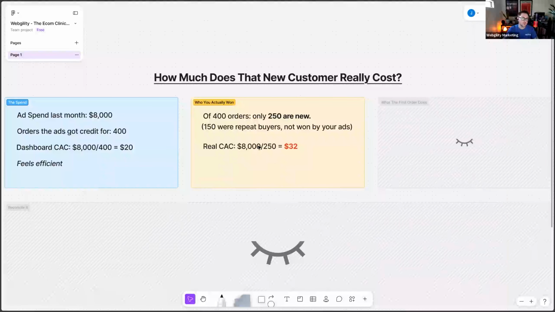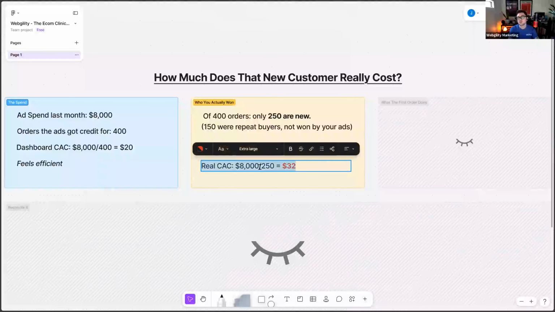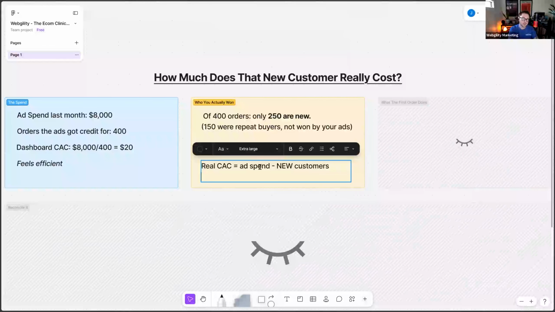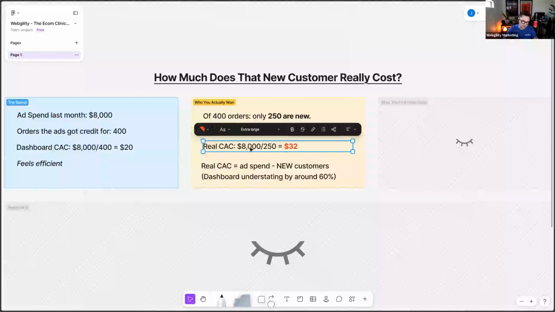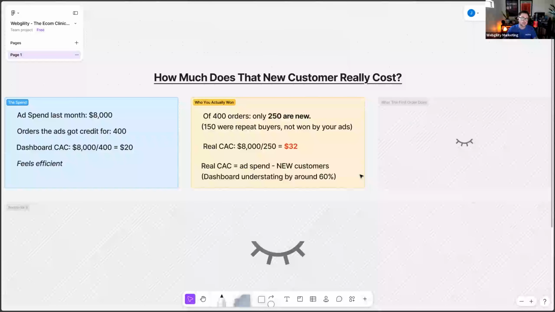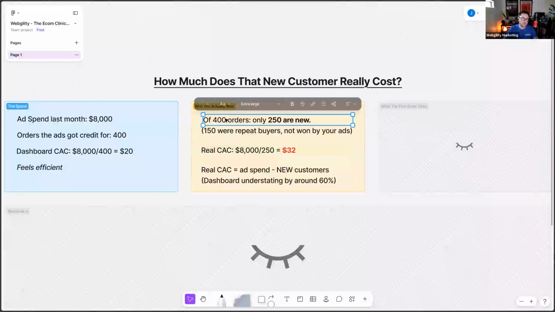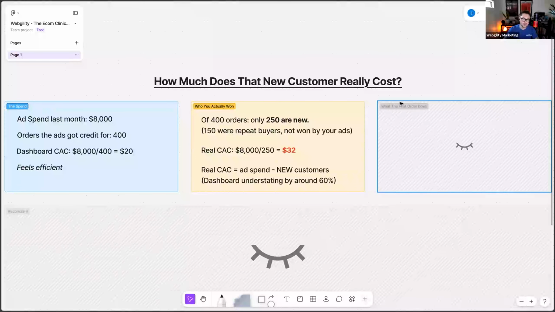So what this means is your real CAC is ad spend divided by new customers. Your dashboard in this case is understating it by around 60%. Even though it's not a crazy increase, $32 is quite a bit higher. It's good to know what the actual math is when it comes to understanding that CAC.